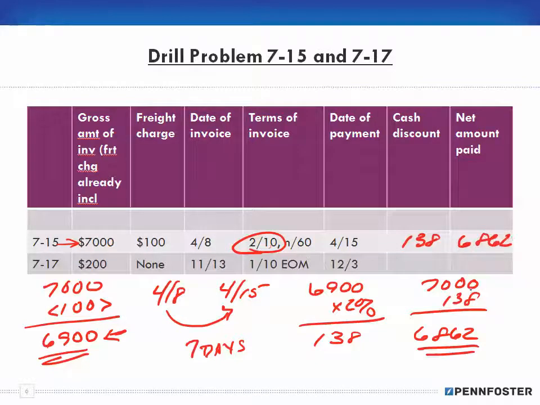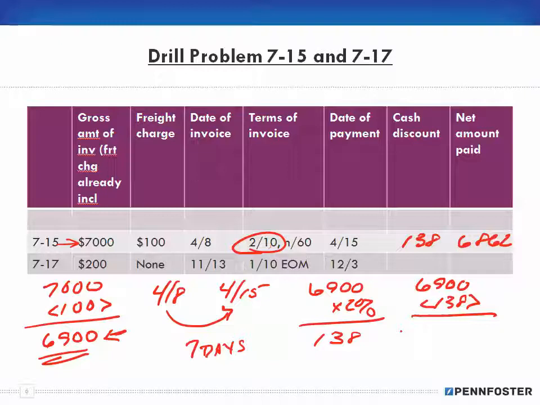The reason why I used the 7,000 is because I could have taken the 6,900, which is what I originally started thinking about, and then subtracted the 138.